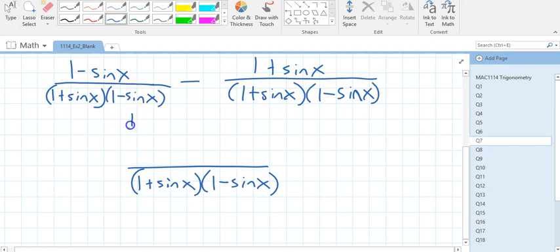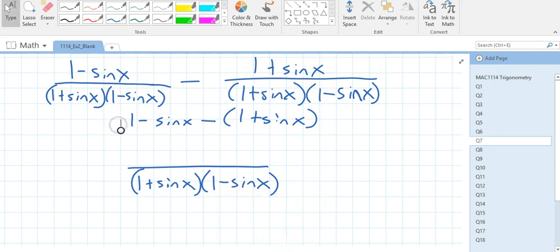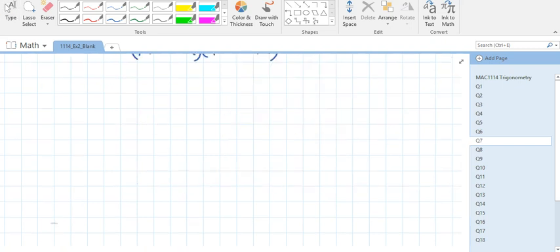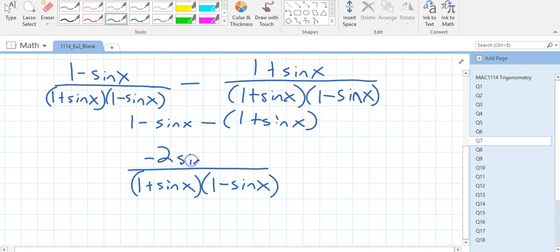Because what's going on, you have 1 minus sine x, and then we're subtracting off all of that second numerator. So this negative goes through both of those guys, which changes their signs. So you end up with 1 minus 1, which is 0. The 1s are gone. And then a negative sine x, and another negative sine x, which give us the negative 2 sine x. Because again, the negative changes all those signs over there. And then all it is just combining like terms.